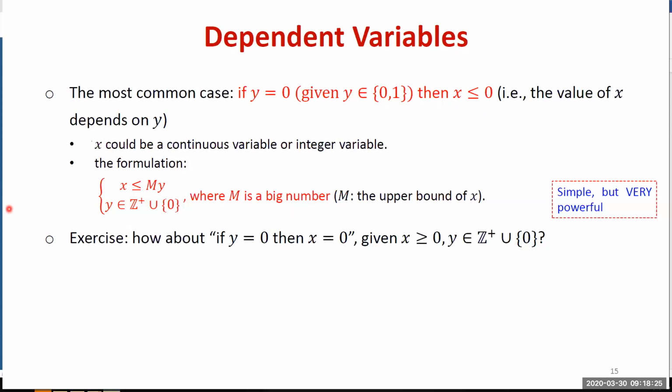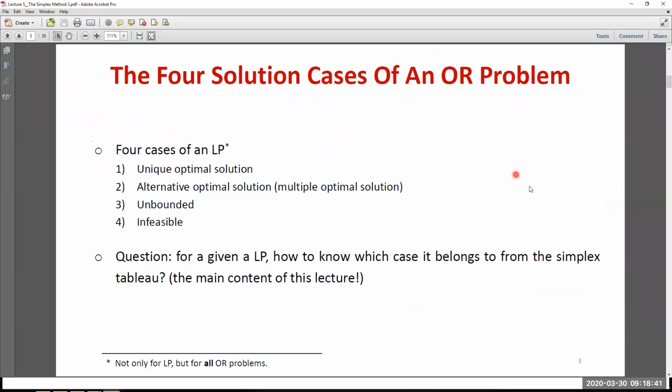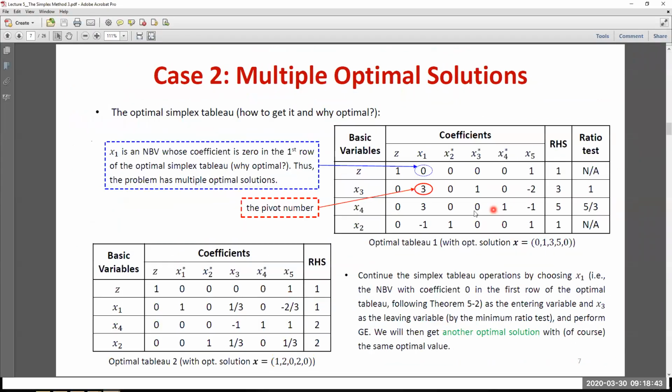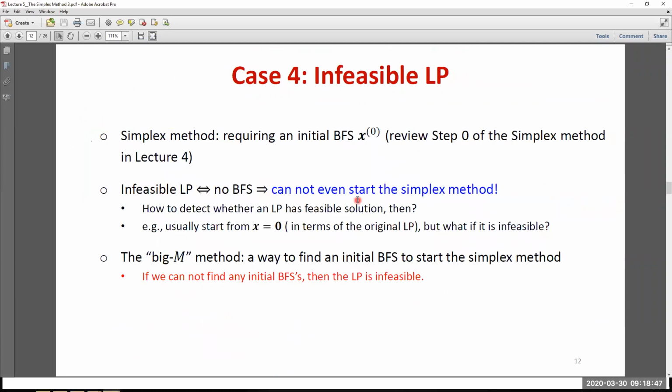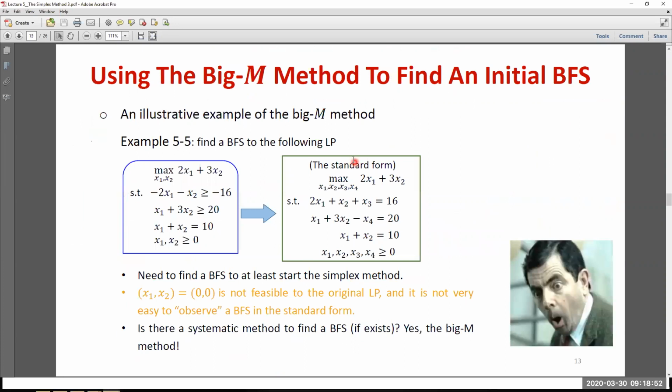Still remember we used the big M notation in, let me see, which lecture? I remember lecture 5, I think, Simplex method 3. Still remember, we used the big M method to find an initial basic feasible solution to start your simplex method.